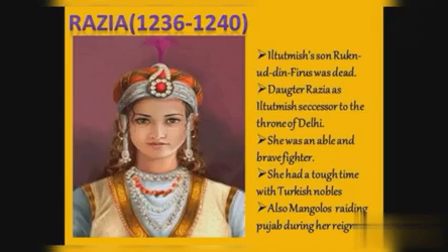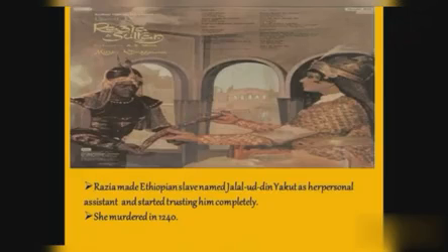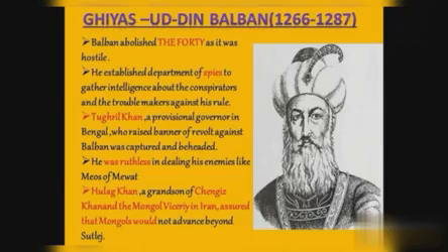She also faced the Persian Mongols raiding Punjab during her reign. Razia made an Ethiopian slave named Jamaluddin Yaqut her personal attendant and started trusting him completely. This led to a revolt of the Turkish nobles. She died in 1240. Let's see Ghiyasuddin Balban.